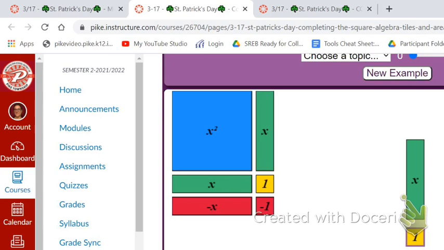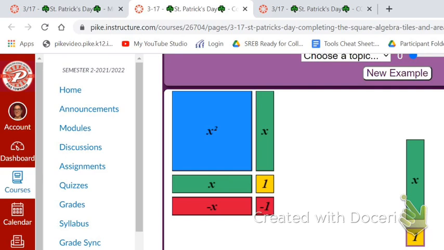Now, when we're talking about these as x squared and x and 1, we're talking about the area, the space inside. So all of this right here is x squared. How do you find the area for a square or a rectangle? Multiply. What do we multiply together? Length times width.